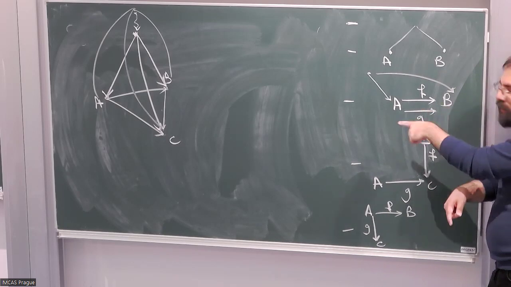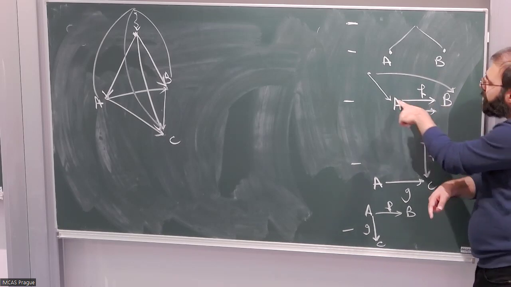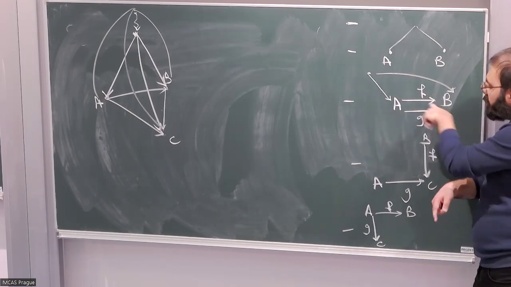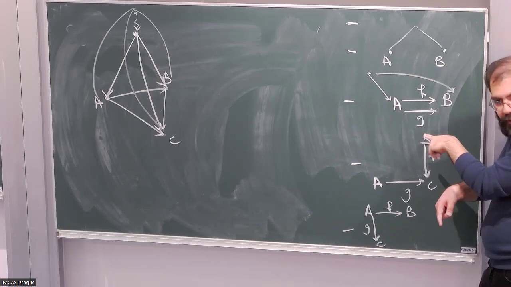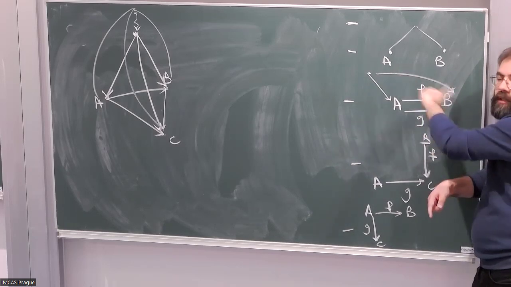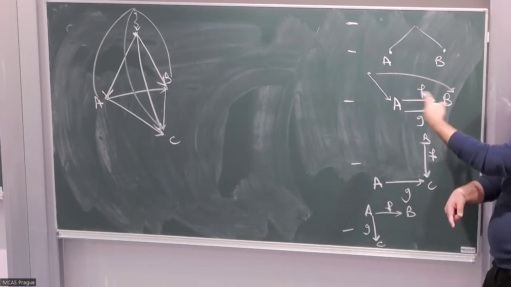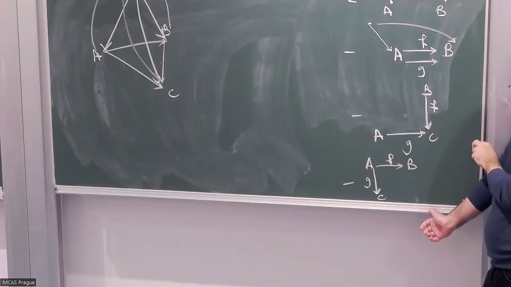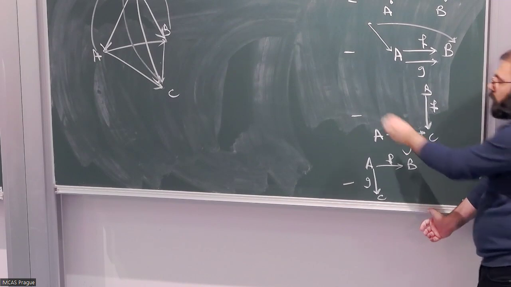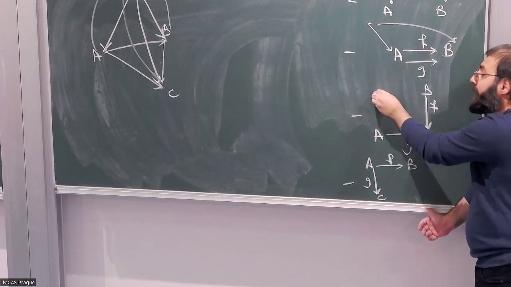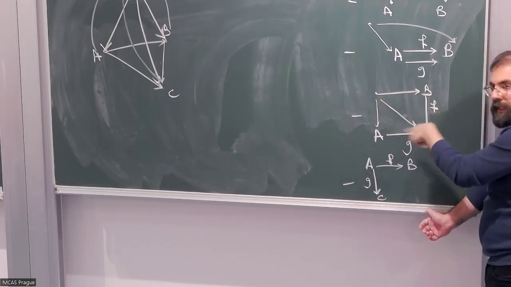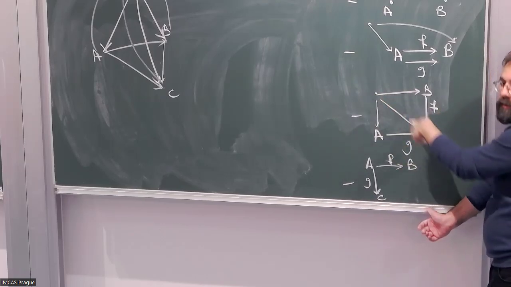When you say that you have the commutativity, simply you are saying that f composed with this is this, g composed with this is this. So you are saying that these two compositions are equal. And of course, one of these is redundant because you have the composition, right? Here, what's the cone? One object, three morphisms, not two, such that everything commutes. So this guy is redundant, of course.